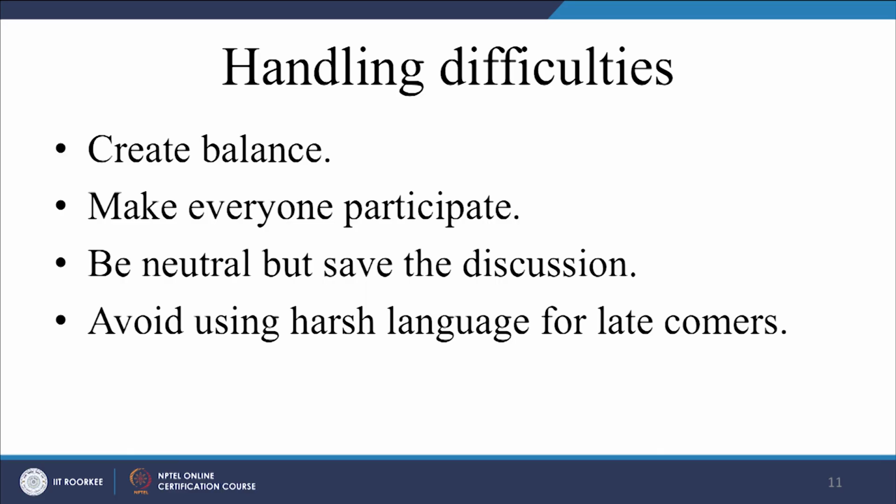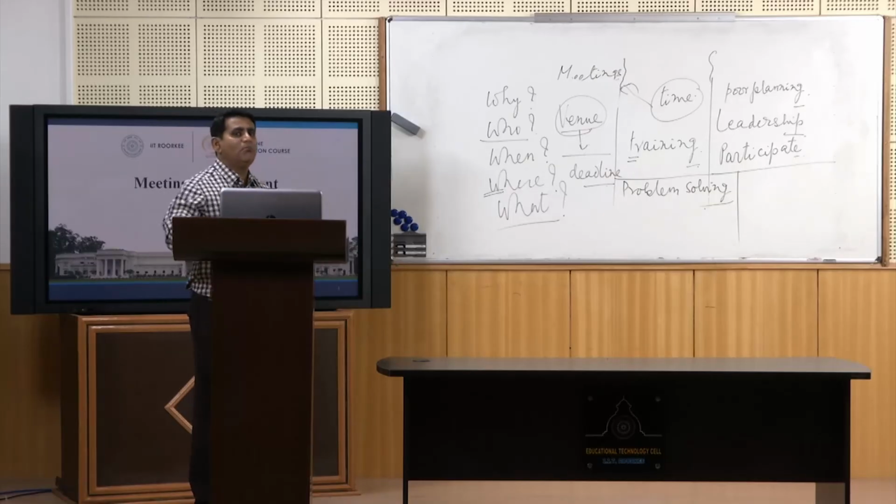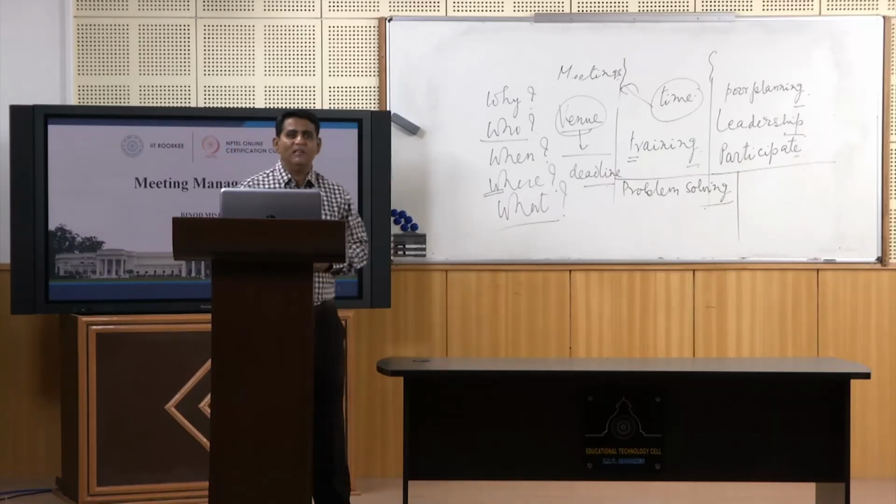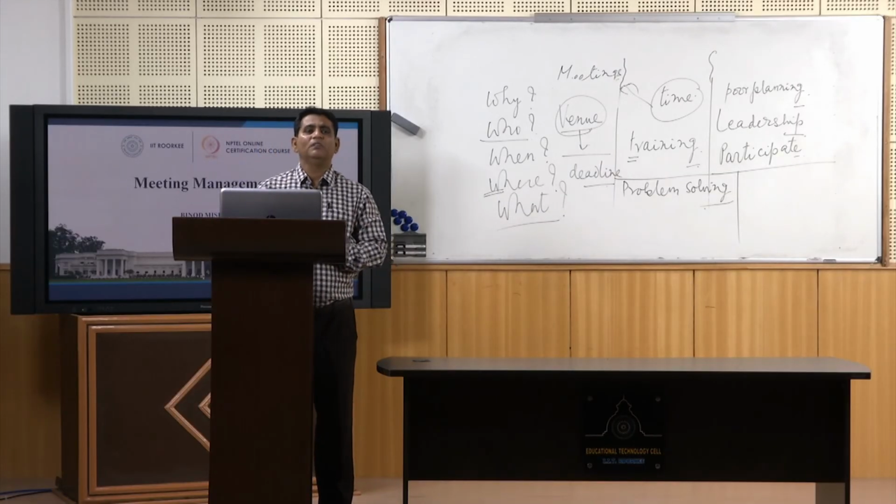When the leader finds that two people in the meeting disagree, and the disagreement goes to the point of a conflict, it is the leader's responsibility, by being neutral, to try to save the discussion, not by using harsh language, but in a very polite, convincing, and persuasive language.